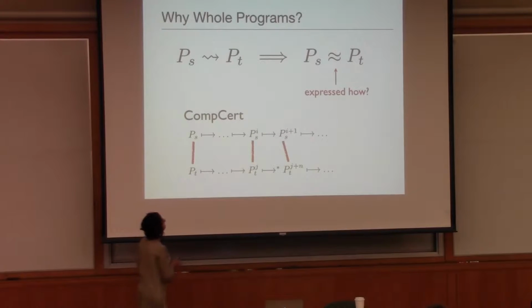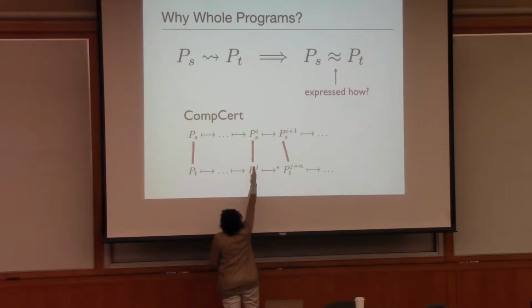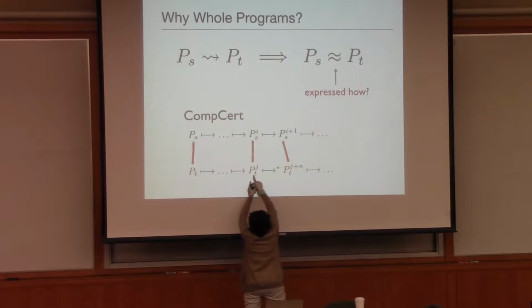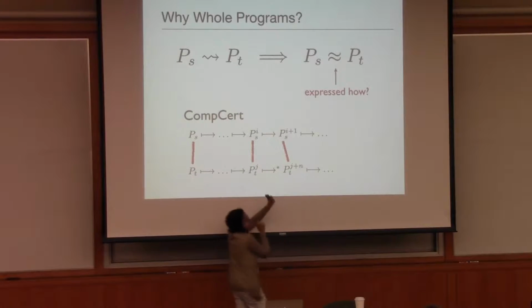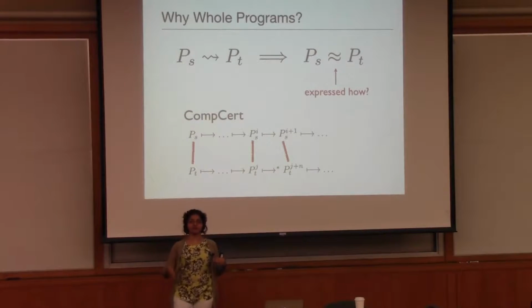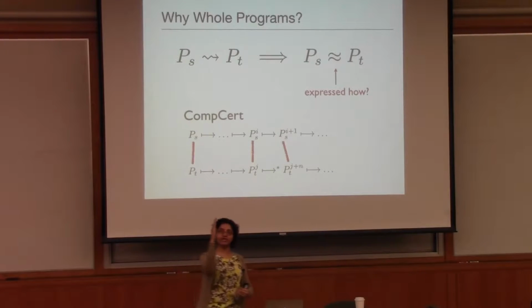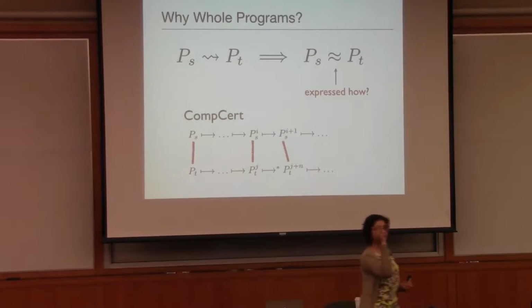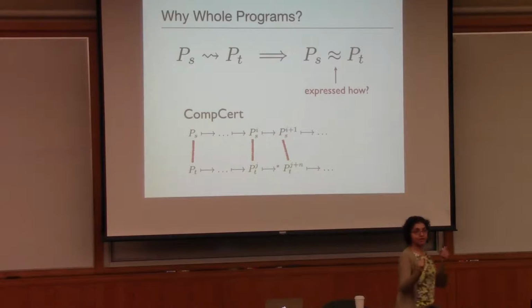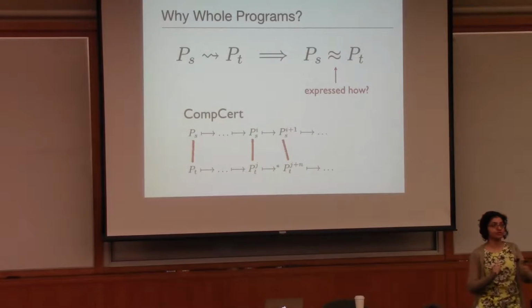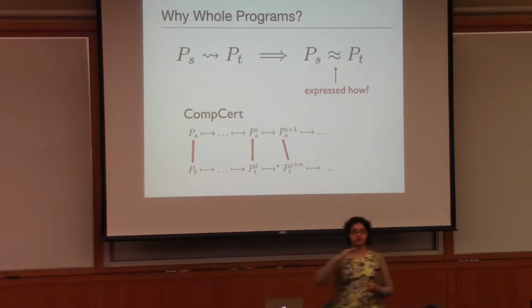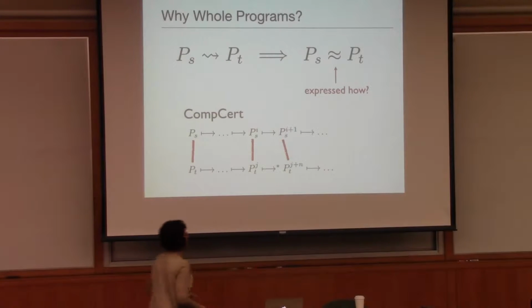If we dive down a bit deeper, you're saying that at any point in the program, if I have P_S in a certain relationship with my P_T, then if P_S takes one step, P_T might take one or more steps, and things are going to line up again. So it's all about showing the simulation argument that things line up. There's a little bit of flexibility in how things line up. You may let the target take more steps or the source take more steps, but you're trying to do this lining up with a simulation argument.